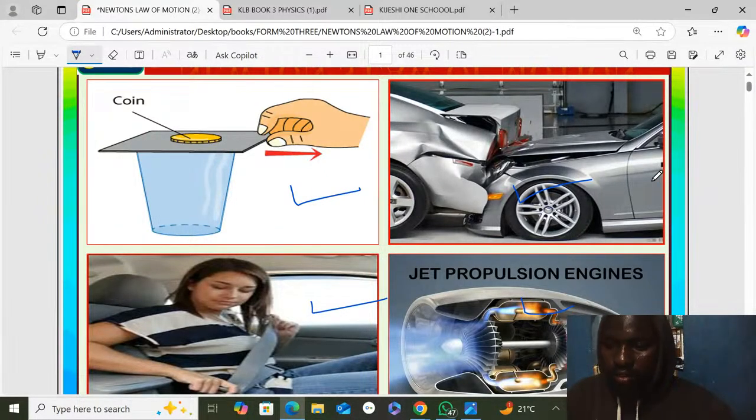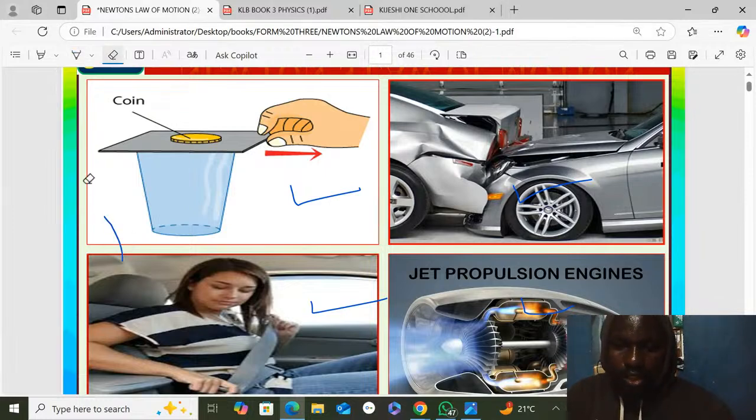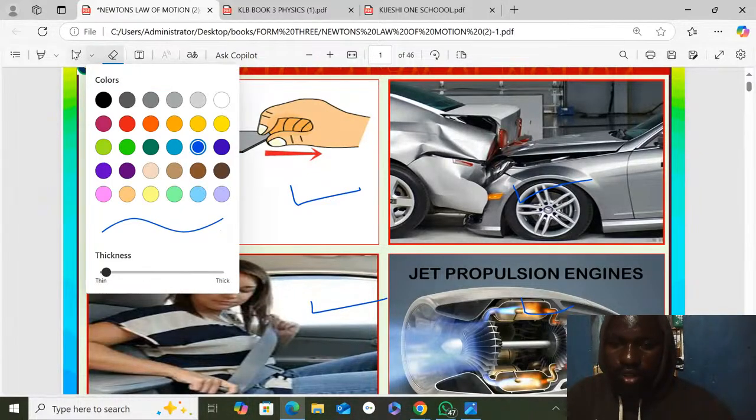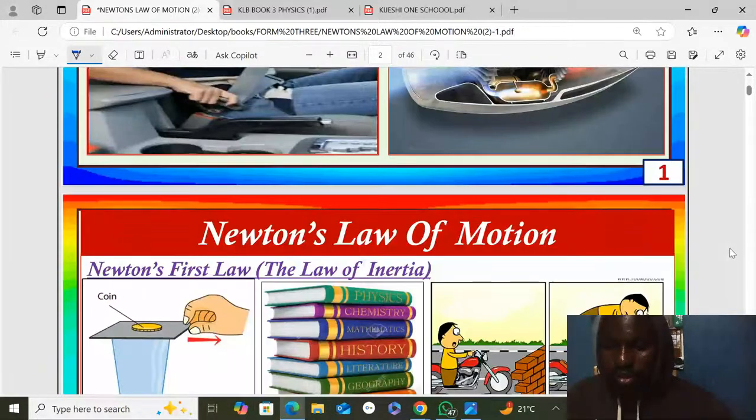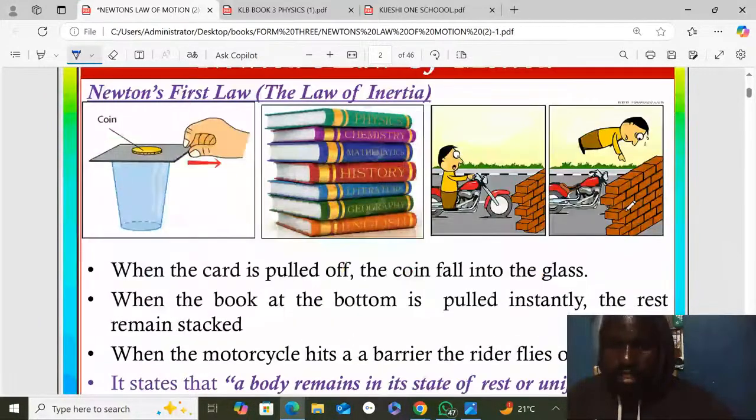All these four diagrams are trying to communicate in summary what will be covered in the whole of the chapter. Therefore, we may go directly to Newton's first law of motion, or the law of inertia.